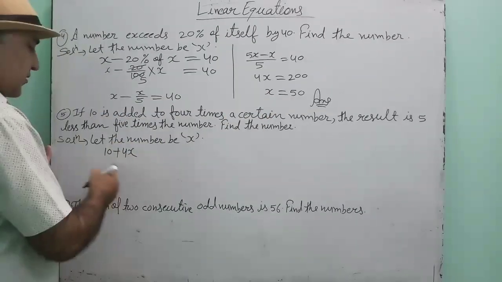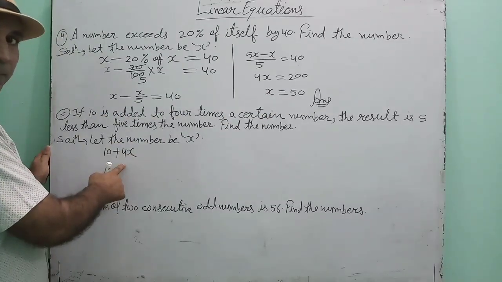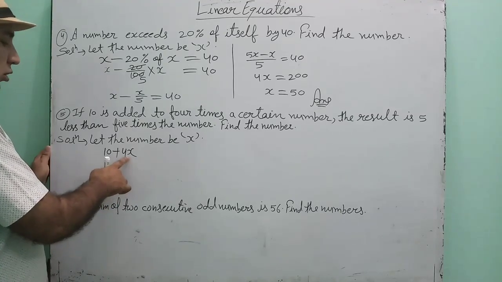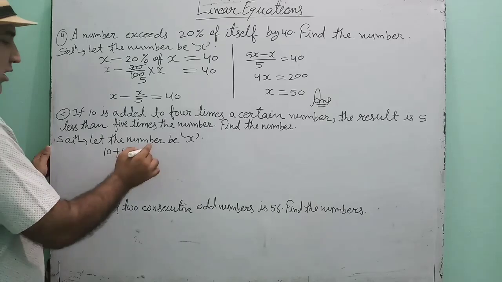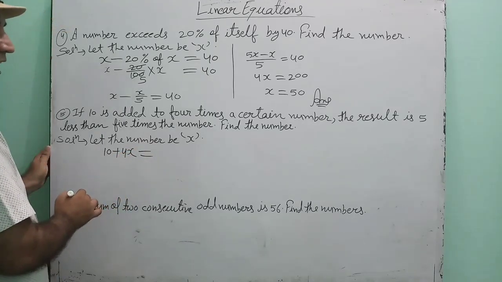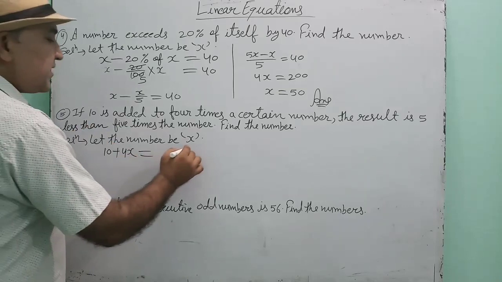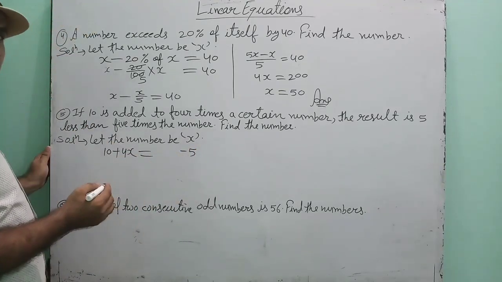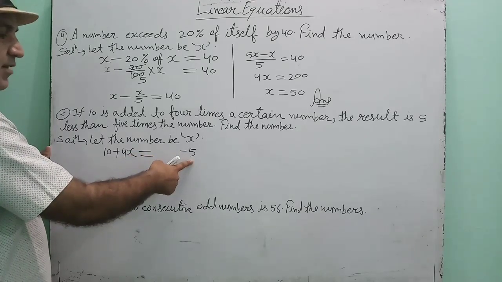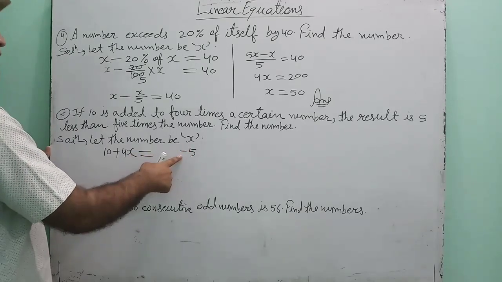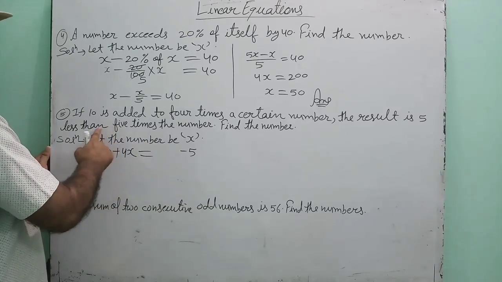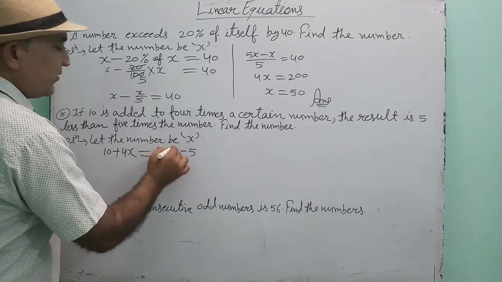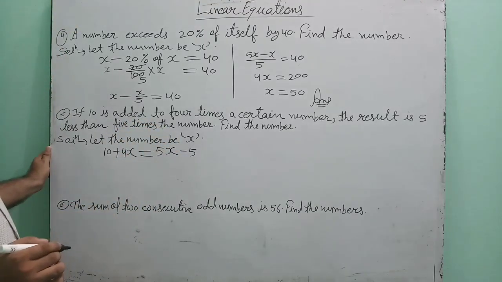The result is 10 plus 4x, because we cannot solve it, because these are unlike terms. So this result is equal to 5 less than. 5 less than means 5 is subtracted from any number. From which number? Less than 5 times the number.